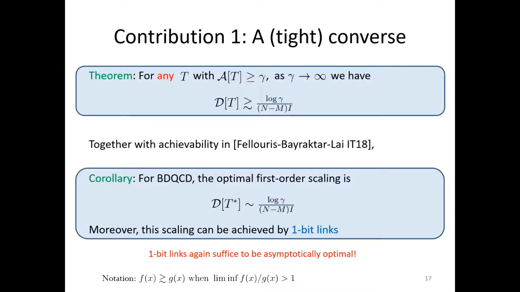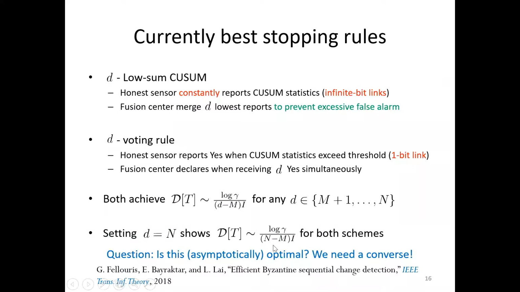Okay, so by tight converse, I mean that we show that for any decision rule T with the mean time to a false alarm bigger than gamma, the delay should scale no slower than this value. Okay, so we can see that this is exactly the same as this one.